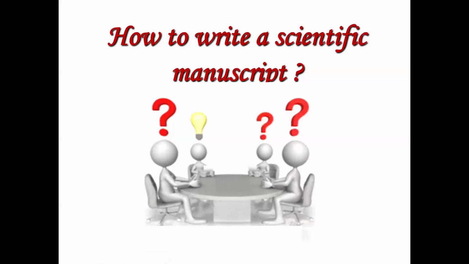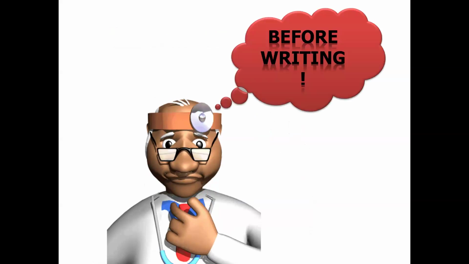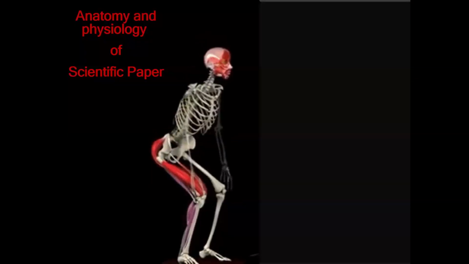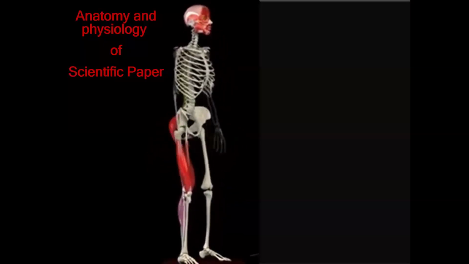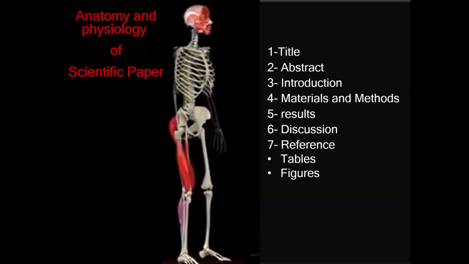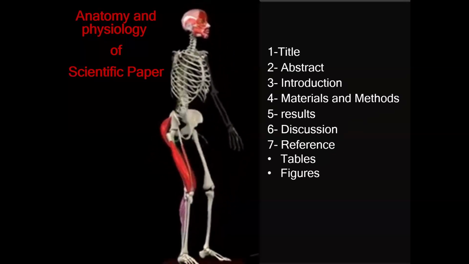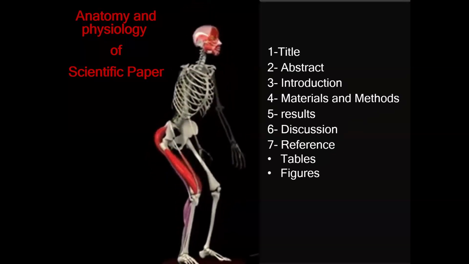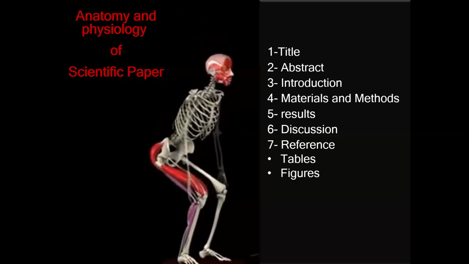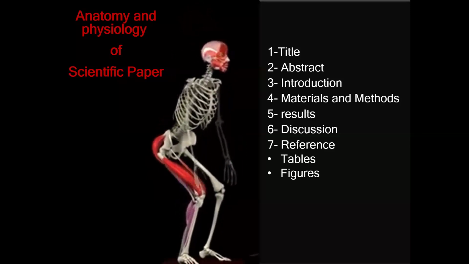Now we will go step by step on how to write our scientific manuscript. But before writing, we have to know what is called the anatomy and physiology of a scientific paper. What is the anatomy of the scientific paper? A scientific paper is composed of the title, the abstract, the introduction, material and methods, results, discussion, references, and of course the tables and figures, and these are called the legends of the scientific paper.